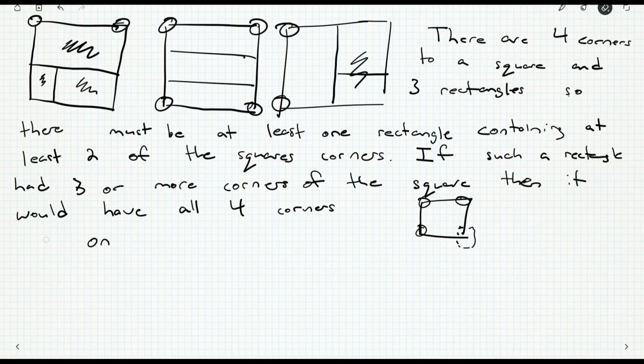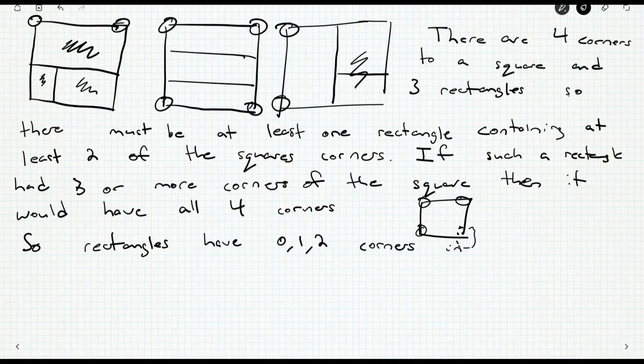Okay, so rectangles have 0, 1, or 2 corners in common with the square. Okay, so that's logically true.